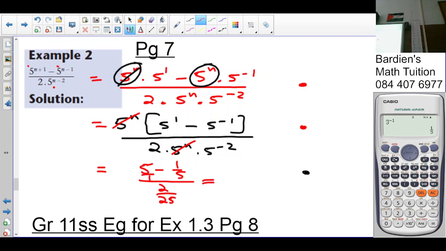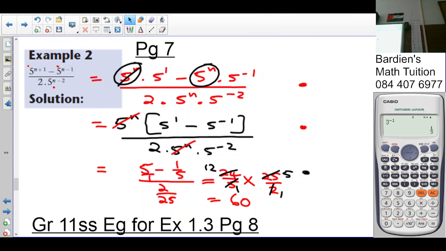The LCM of course is 5 here, so it's 25 minus 1 is 24 over 5, divided by 2 over 25, which is the same as multiplied by 25 over 2. So 2 goes into 2 once, 2 goes into 24 12 times. 5 goes into 5 once, 5 goes into 25 5 times. 5 times 12 is 60. And there we go.